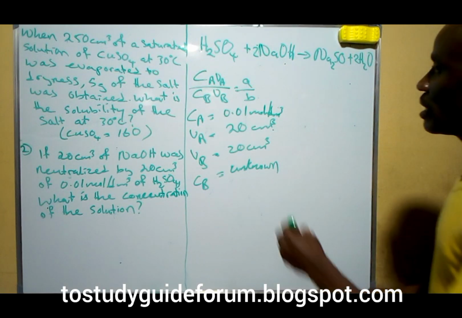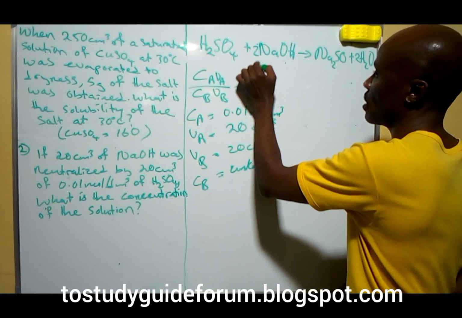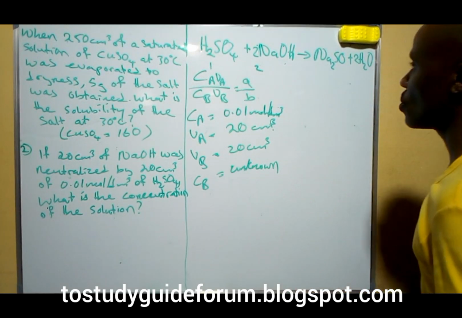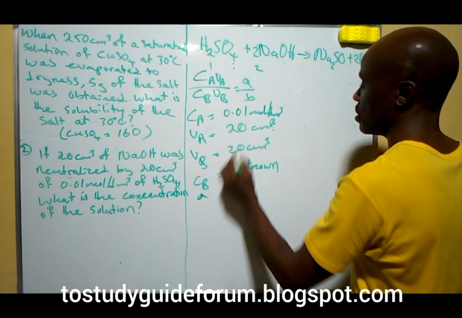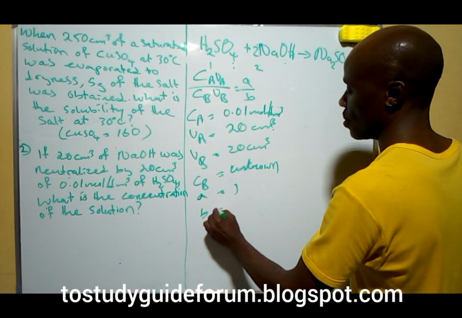Based on the chemical equation, the ratio is 1:2, so A is 1 and B is 2.